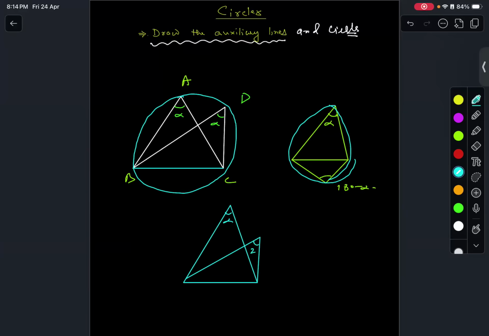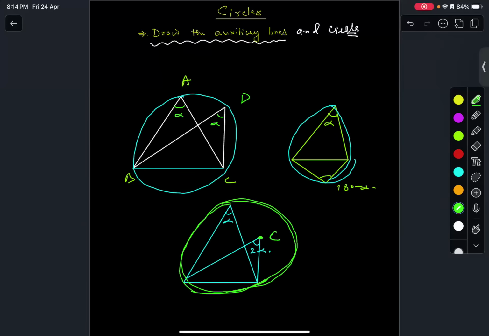This is 2 alpha. So I can assume this is the center and this is the chord. This is the circle, and this is the center of the circle. This is AB, C is the center in this case.